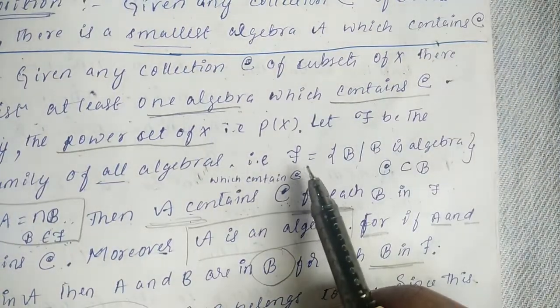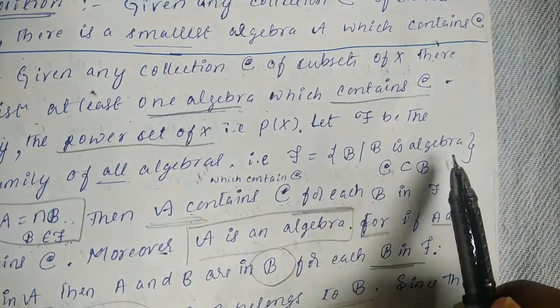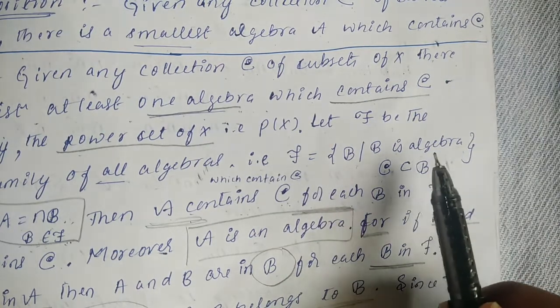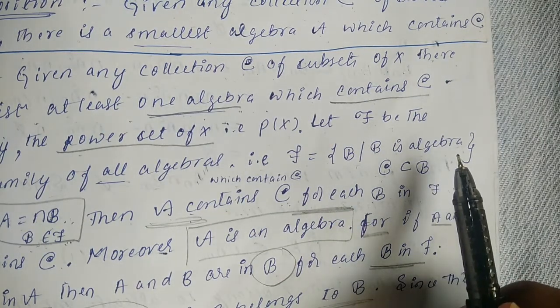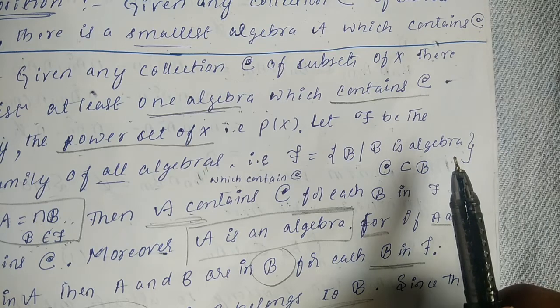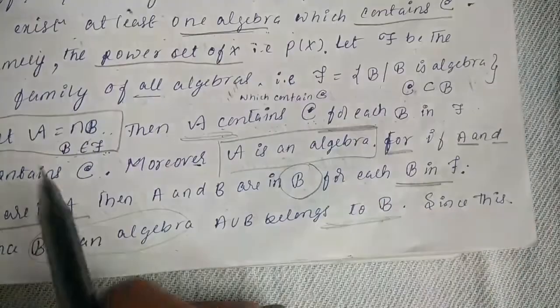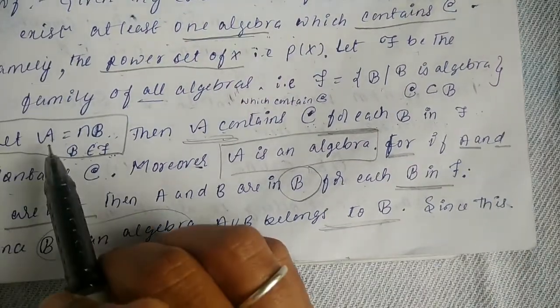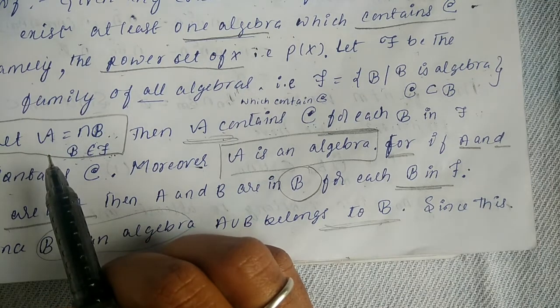Just change the family of algebras to the collection of all sigma algebras, and also show that the collection A is closed under countable union. Then the proof of that proposition is over. Is it clear?